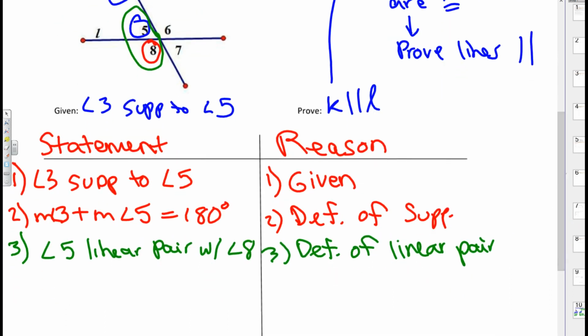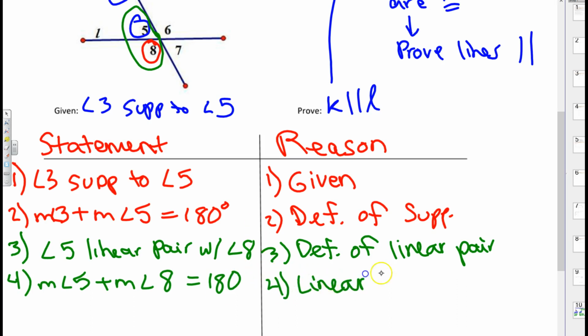So I'm now going to interpret that in my next line. That means that the measure of angle 5 plus the measure of angle 8 must be 180 degrees by the linear pair theorem. Okay. Well, now we've done a really great thing where we've managed to prove two statements equal to the same number, which means now I can set them equal to each other.